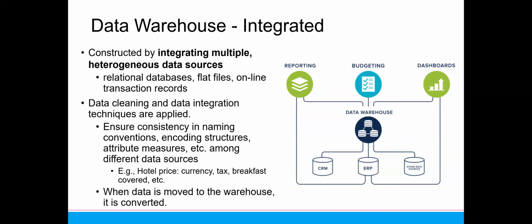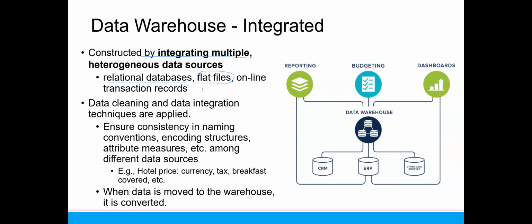The data warehouse is integrated. Integrated means we want to construct it by integrating multiple heterogeneous data sources. The database is a relational database, but sometimes we can rely on flat files.